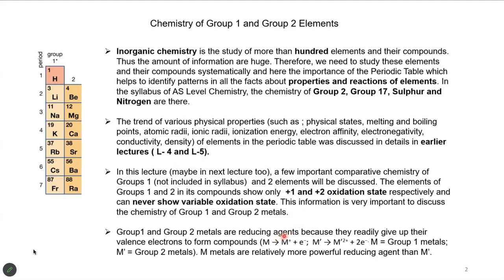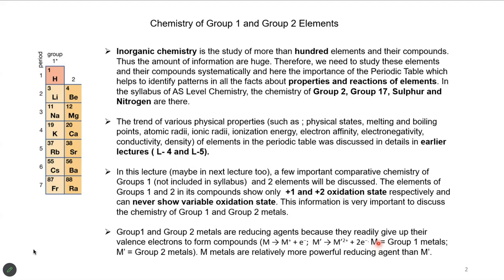Well, group 1 and 2 elements are reducing agents. Why? Because they readily give up their valence electrons to form compounds. Here is the reaction showing how group 1 and group 2 elements give up their electrons, and that also tells us they will have only +1 and +2 oxidation states.